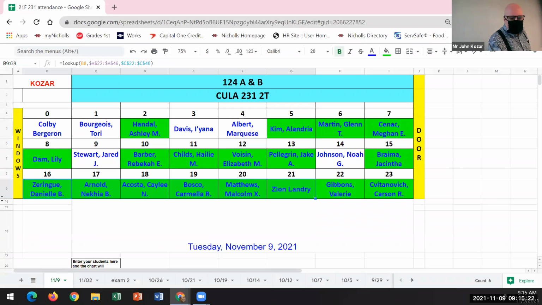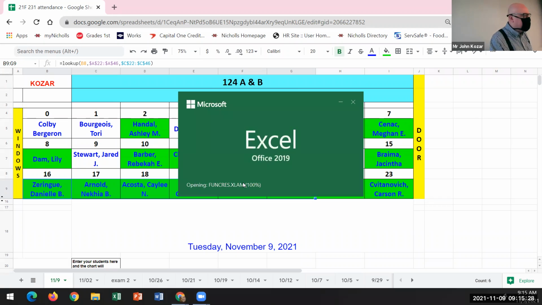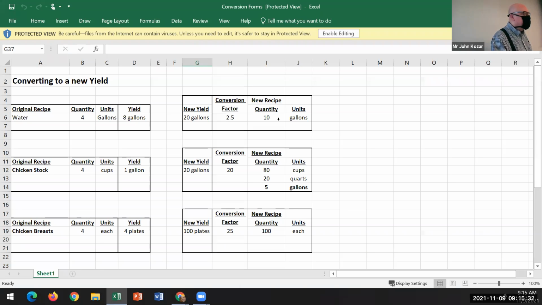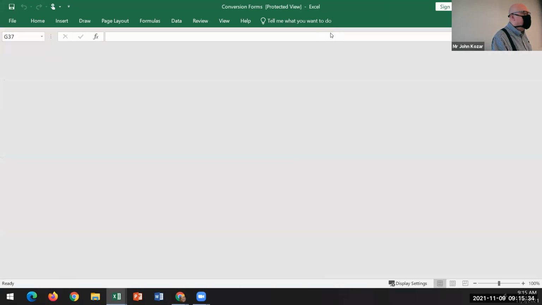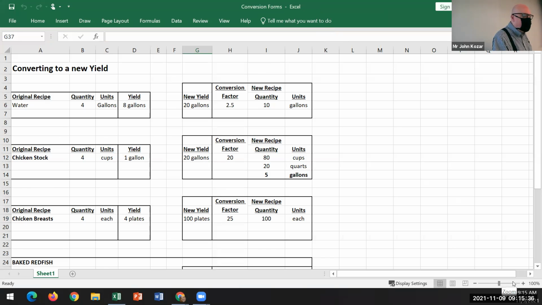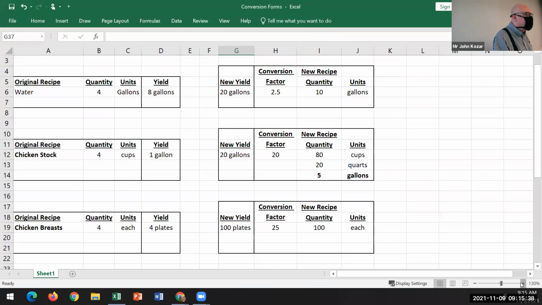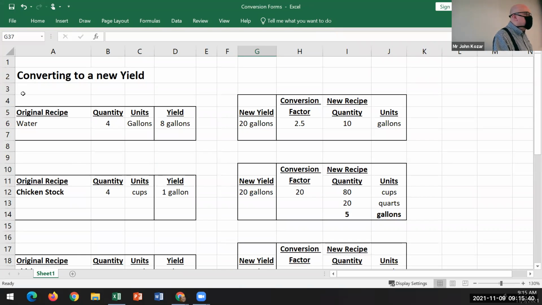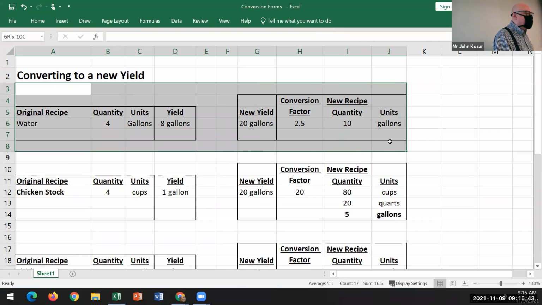The next thing that we have not gone over is the recipe conversions. I've got a sheet of some samples here. So if we take a look at the first example, just one ingredient in a recipe.